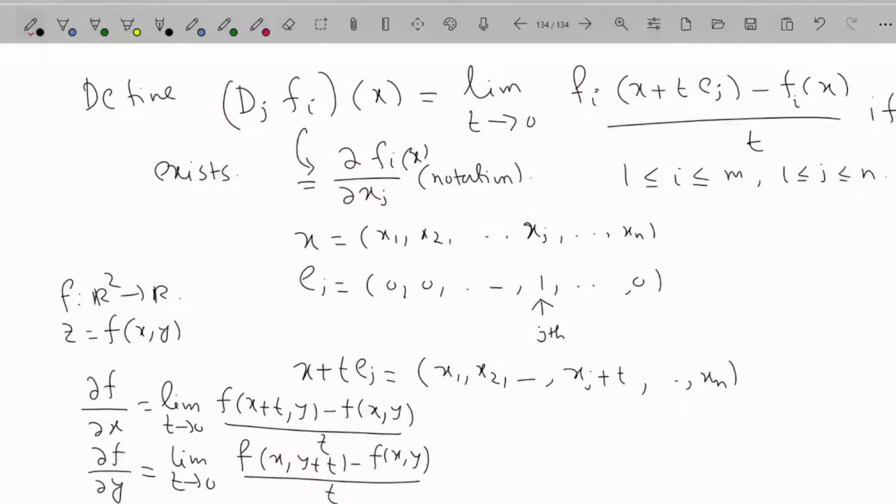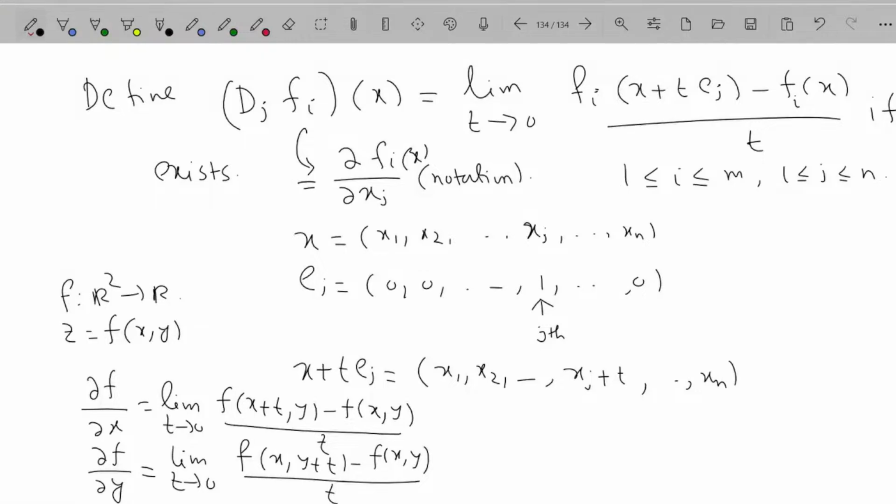So we are defining partial derivatives for the component functions. Let's consider one component, say f1. For f1, you calculate the partial derivatives with respect to all the variables x1, x2 and so on. For f2, you calculate all n partial derivatives. In this way, for each component function, you calculate that many partial derivatives.